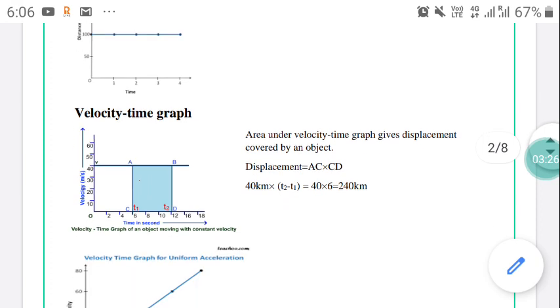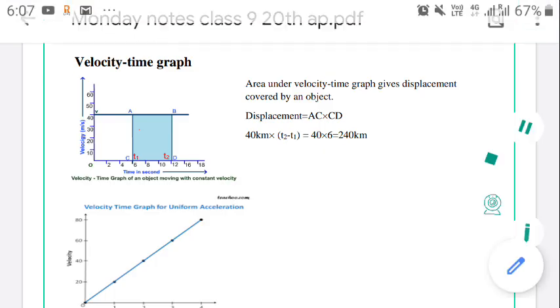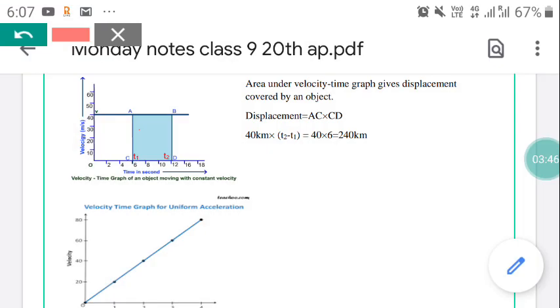Now, if I ask you to draw a velocity time graph instead of a distance time graph, what will it be? So now I will explain the velocity time graph. First is the velocity time graph when the object is moving with constant velocity.